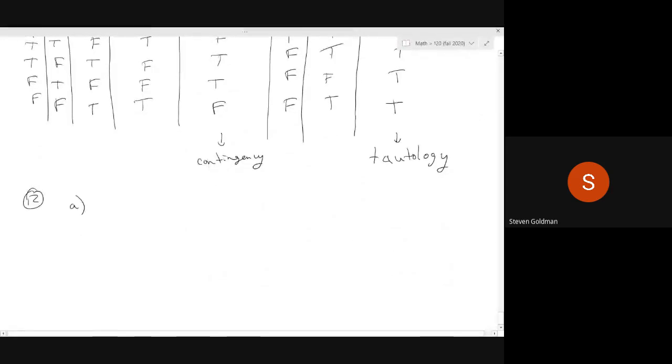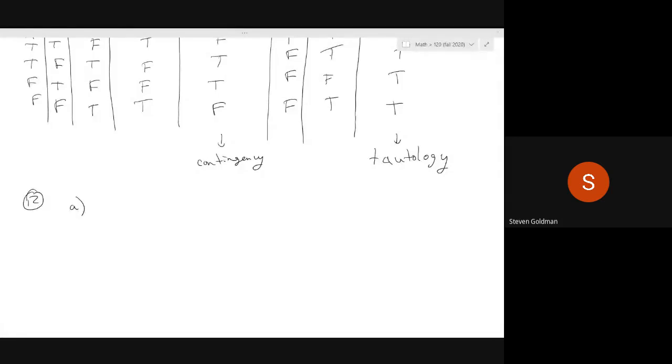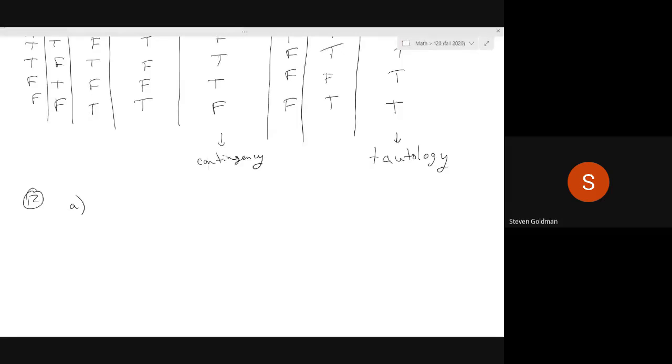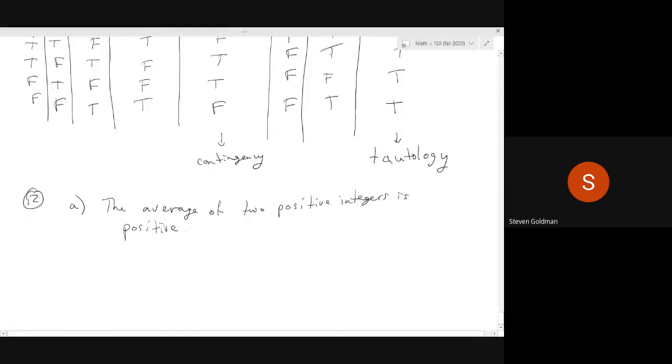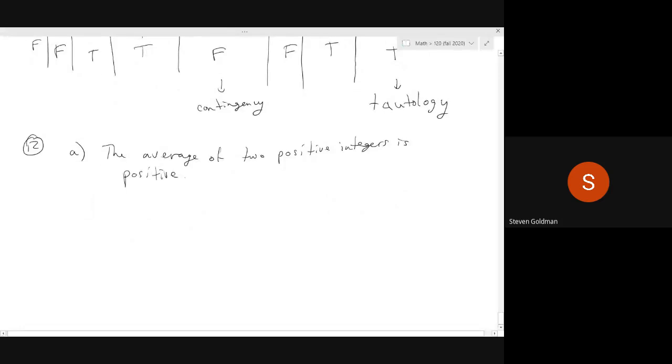You were given 3 questions, 12 A, B, and C. A was the sentence, the average of 2 positive integers is positive. So here in this sentence, we're dealing with 2 positive integers.